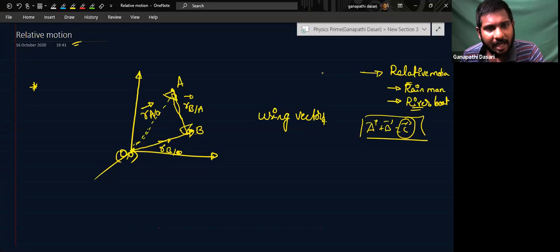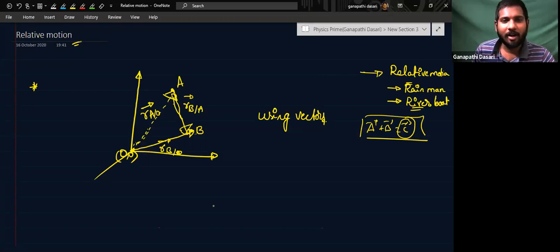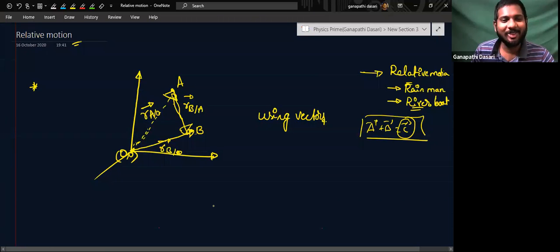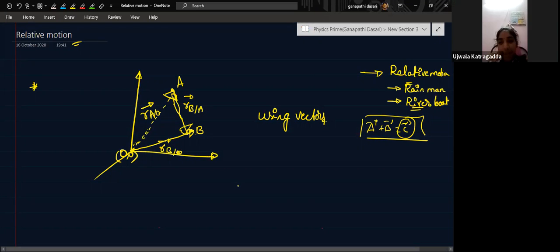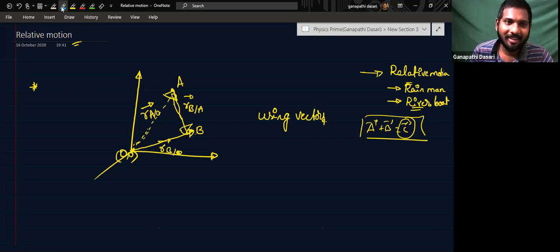BA and OB. No, sir. BA, OA. Oh, yeah, you told there are three vectors here, you used all the possibilities. Mathematical possibilities. You see BA here and AO.